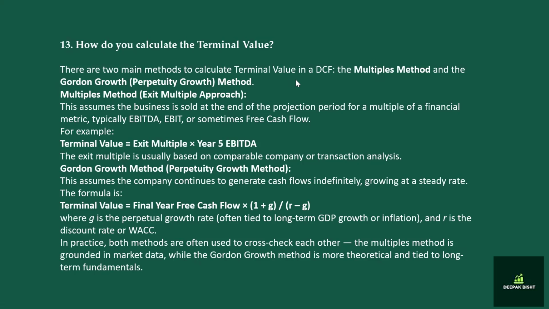And since forecasting cash flows indefinitely is impractical, we estimate a terminal value to capture the value beyond the projected periods, which often constitutes a large portion of the company's total valuation. And there are two primary approaches. One is the terminal value approach, and another one is the multiples method approach.